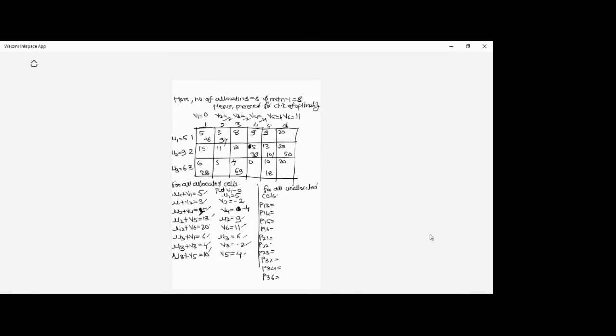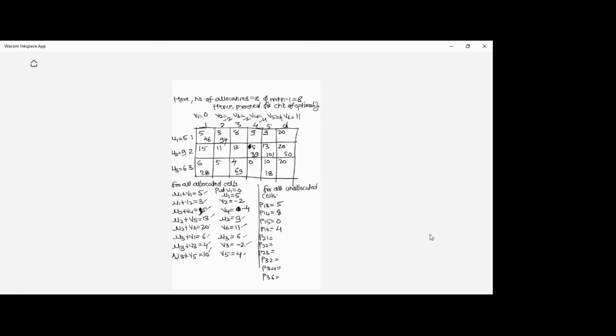So for P13, it will be 5 minus 2 is 3, 8 minus 3 is 5. For P14, it will be 5 minus 4 is 1, 9 minus 1 is 8. For the next, 5 plus 4 is 9, 9 minus 9 is 0. For P16, it will be 5 plus 11 is 16, 20 minus 16 is equal to 4.